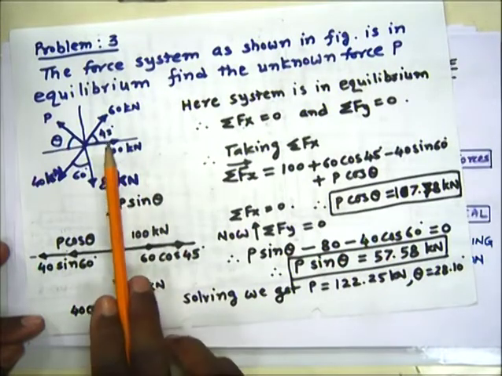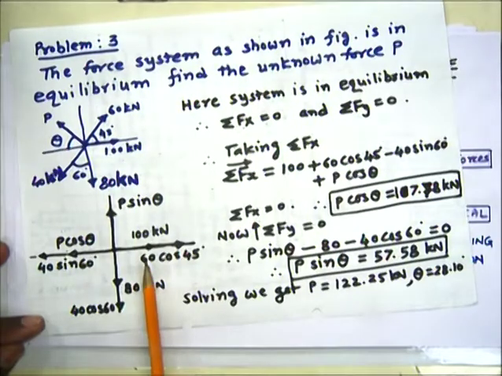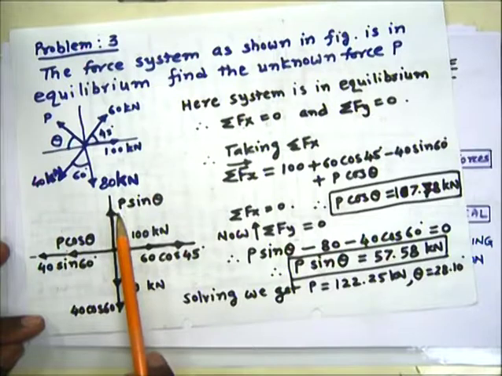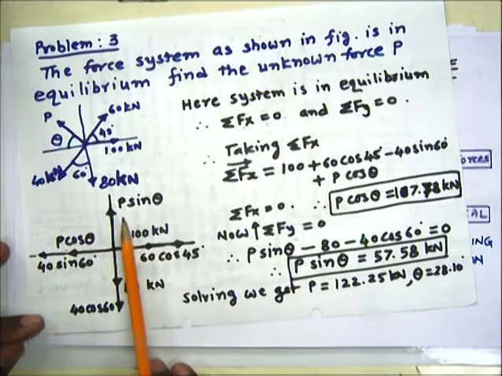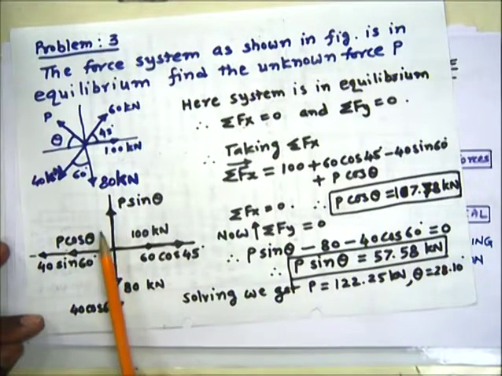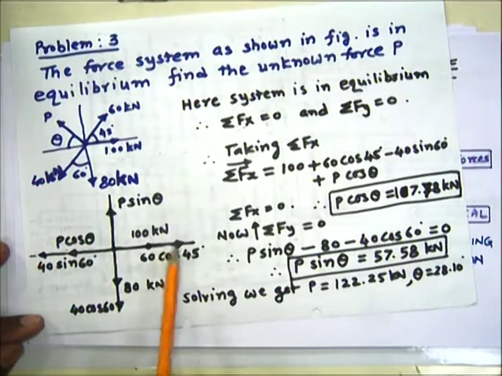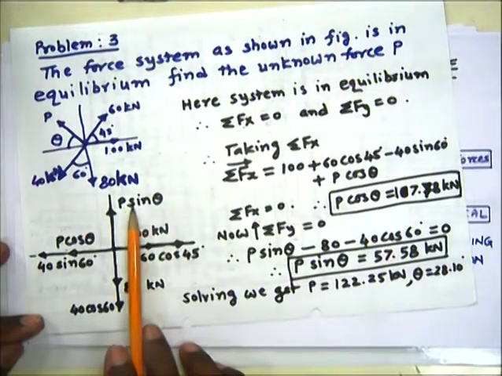Here the angle is 45, so this component will be 60 cos 45, and the vertical component would be 60 sin 45. I think here it is not shown, so it is remaining there.